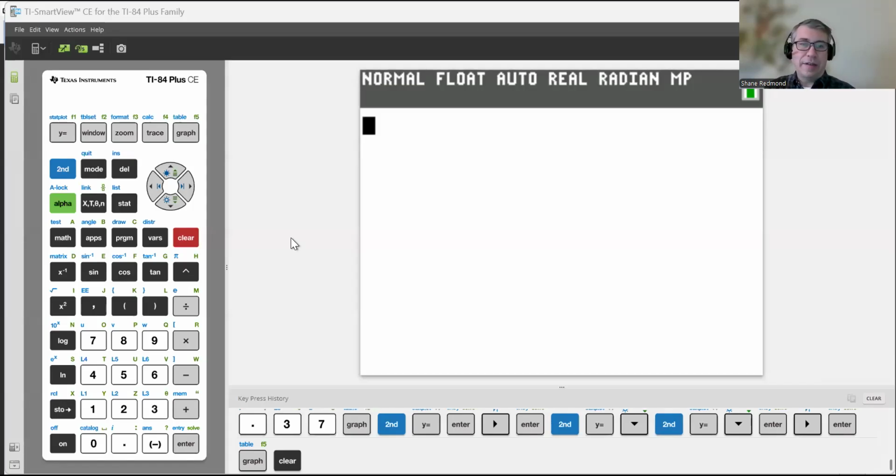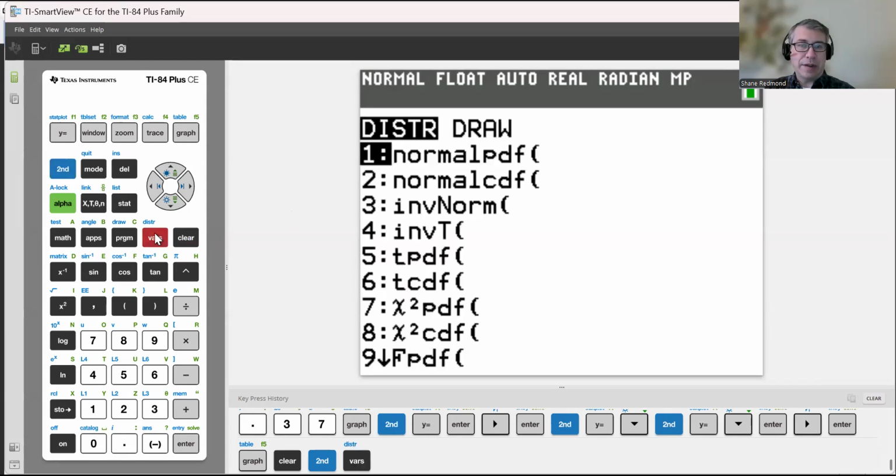So where do we find these options on the calculator? They're under the distribution button. So if I go to second and variables, right underneath those arrow keys is the distribution button there. And we want the normal CDF button, the new normal cumulative distribution function button.